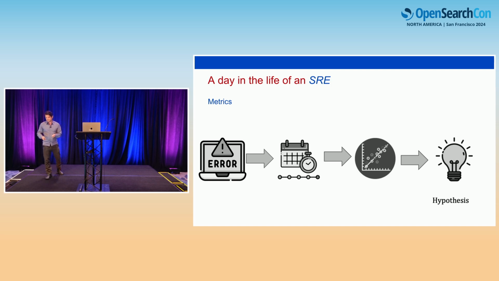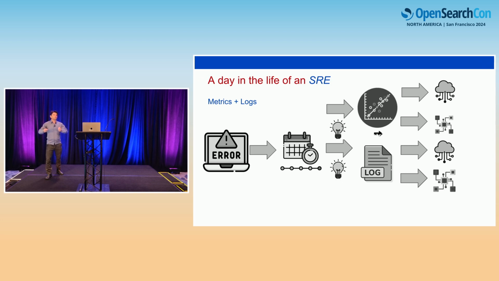And then the process goes on. So you think you have an idea of what's going on. You understand, okay, this is the metric that represents the issue, the error, the incident. I need to correlate that with different metrics to understand whether this just started now or is it propagating. Now that I have that information, next I need to pivot a bit and deep dive into the data itself.